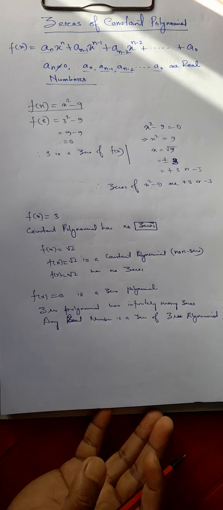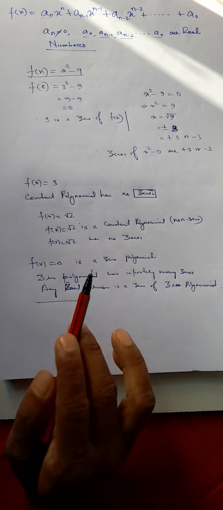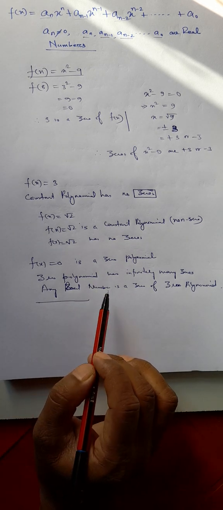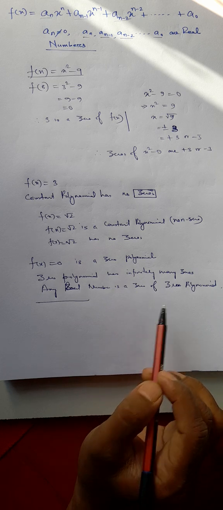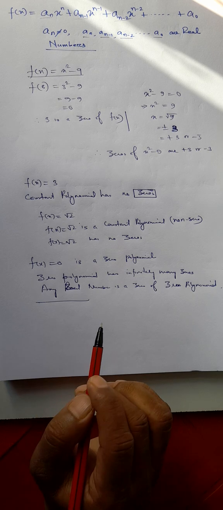Thus we conclude that a constant polynomial has no zeros and the zero polynomial has infinitely many zeros. Any real number can be a zero of the zero polynomial.